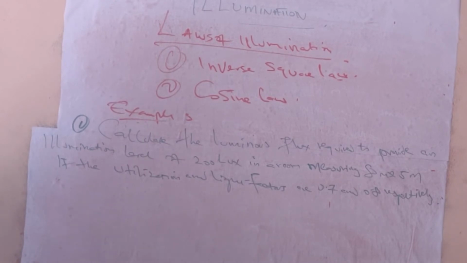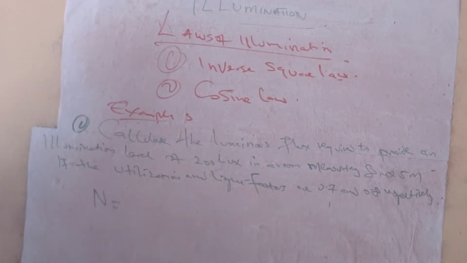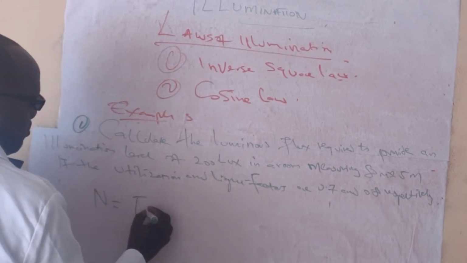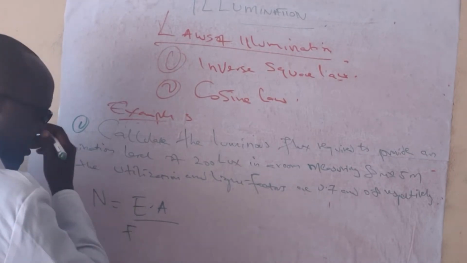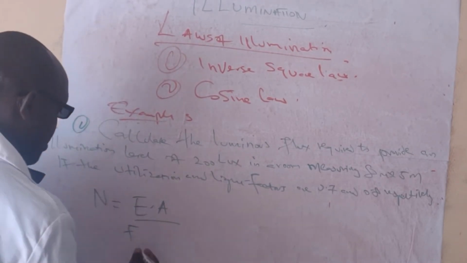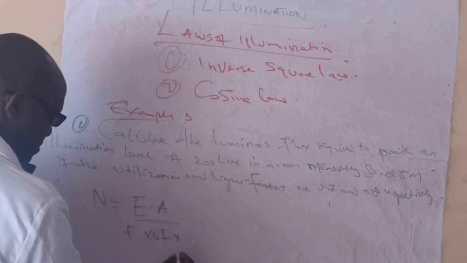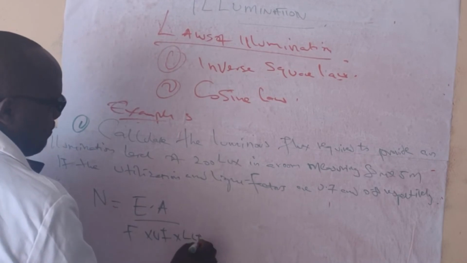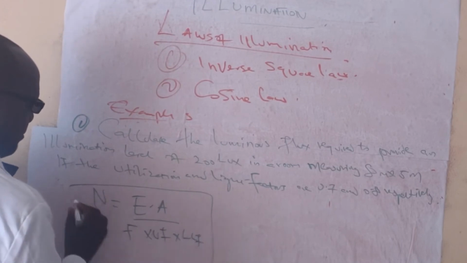From the formula, to get the number of lamps required to illuminate that room, we say the illumination multiplied by the area, all over the luminous intensity multiplied by the utilization factor multiplied by the light loss factor.